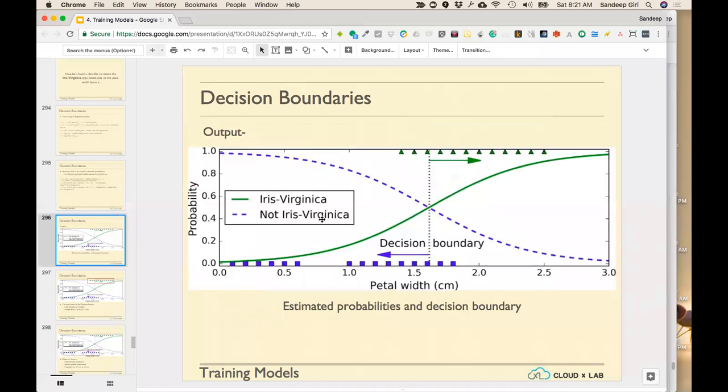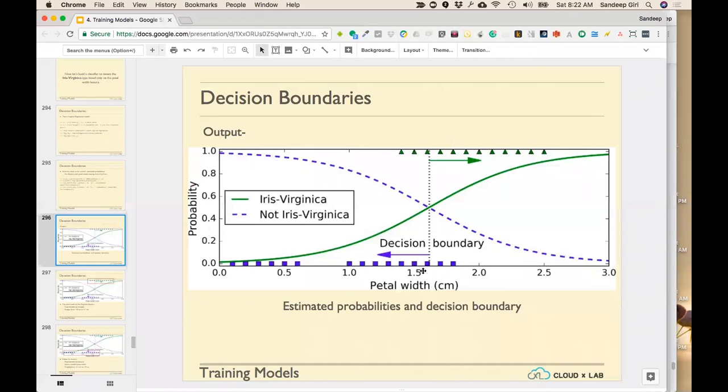Here you can see that at this point there is an overlap. Take a look at this point. Given a petal width of 1.6, the instance could be either Iris virginica, or it could be any other.